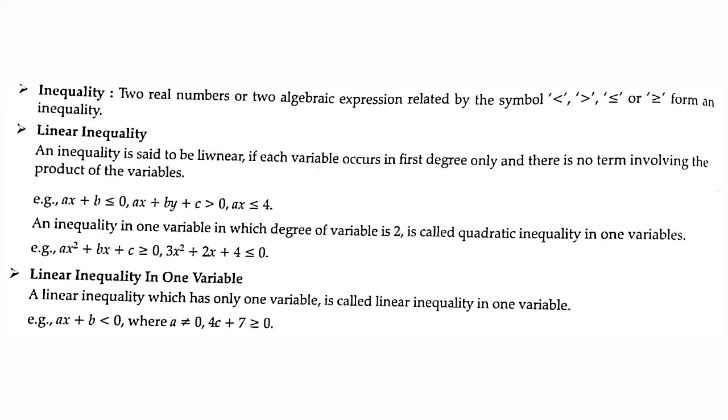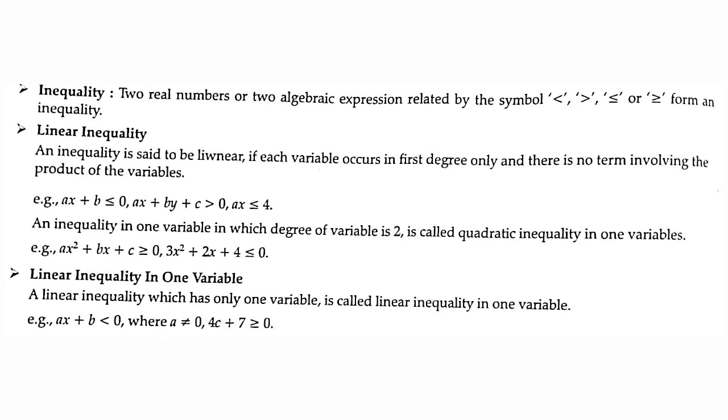An inequality in one variable in which the degree of the variable is 2 is called a quadratic inequality in one variable, right? For example, ax square plus bx plus c greater than or equal to 0 and 3x square plus 2x plus 4 less than or equal to 0.